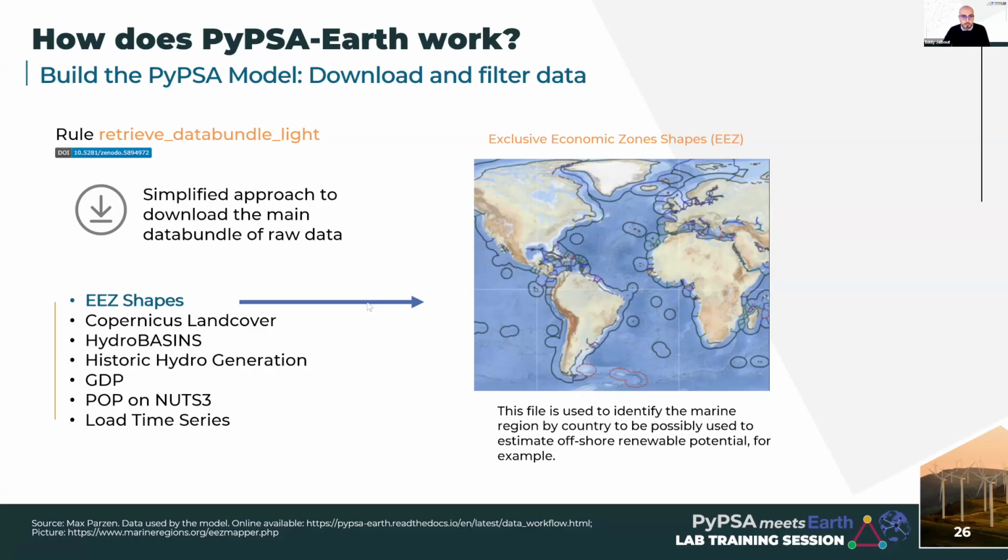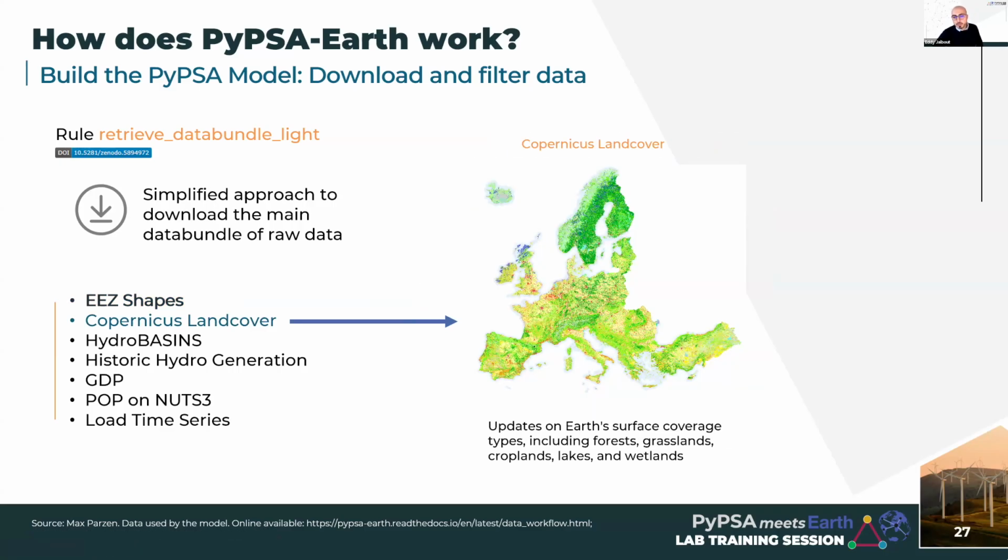We also have the Copernicus land cover, which gives the update on the Earth's surface coverage, for example including forests, grasslands, croplands, lakes, and wetlands, and so on. All of these will be used at a later stage as exclusion criteria for the potentials of renewables, for example.